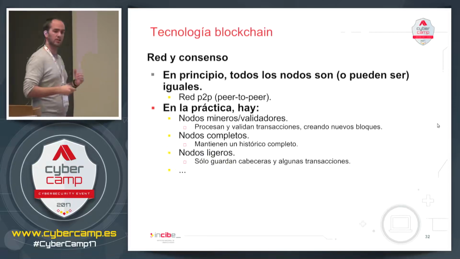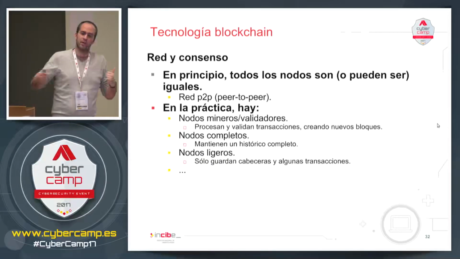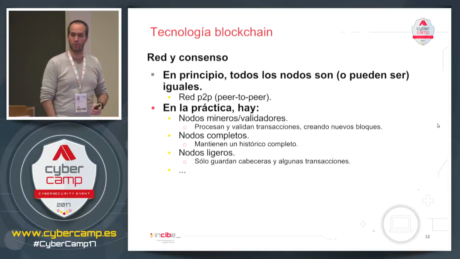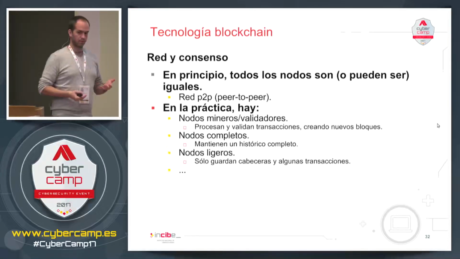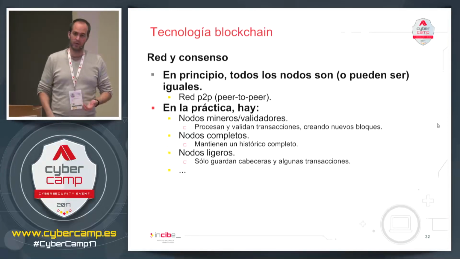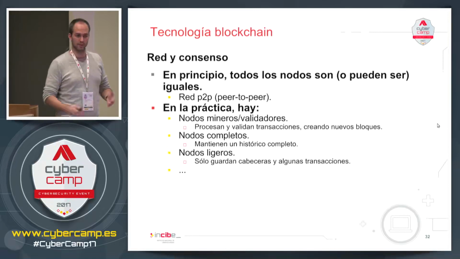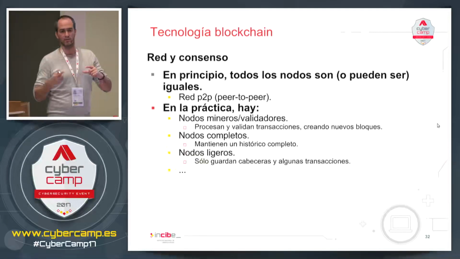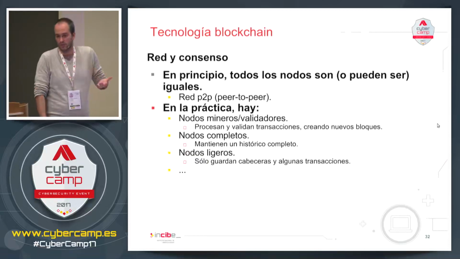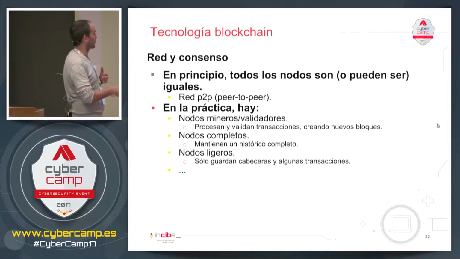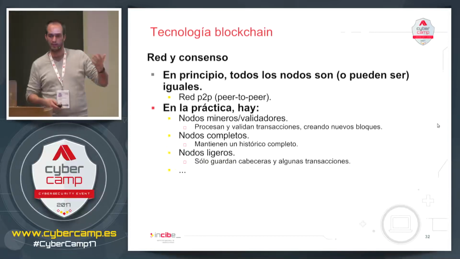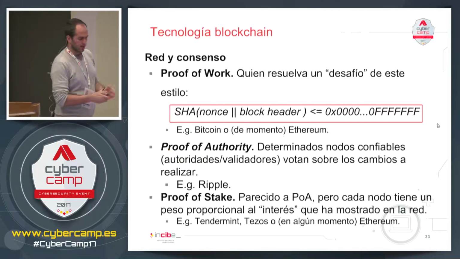And then, in addition to these, are the light nodes. These are those that don't store all the information. For example, in Android and iPhone, there are Bitcoin clients. But on a mobile, you're not going to have 100 or so gigas of Bitcoin data. You're just going to have the transactions that you're interested in, of course. So these are called light nodes because they don't store all the information, just the information that you're interested in.